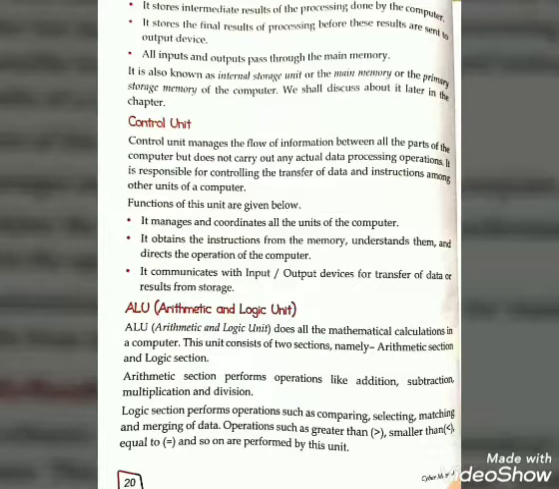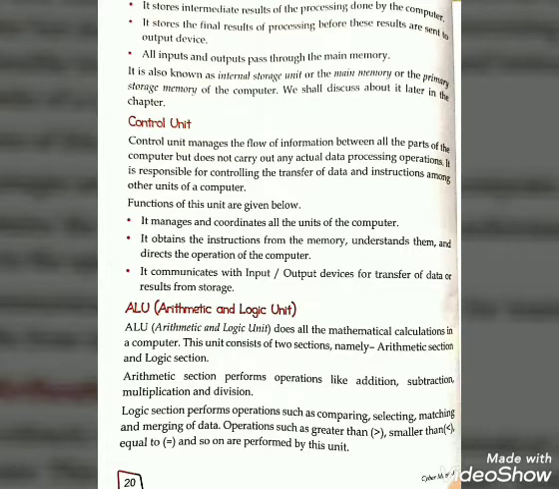How does it manage? It manages information between all the parts of the computer but does not carry out any actual data processing operation. It is responsible for controlling the transfer of data and instructions among other units of the computer.